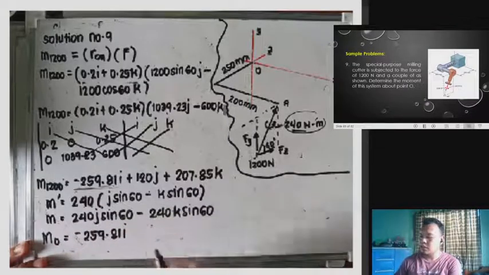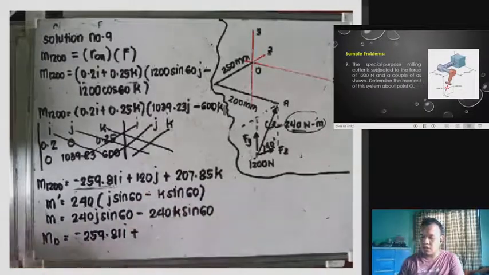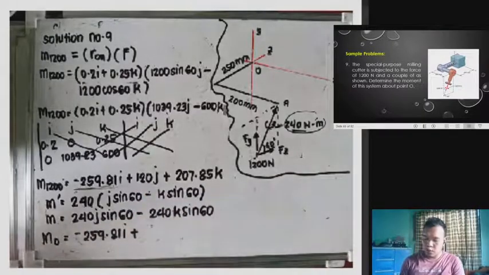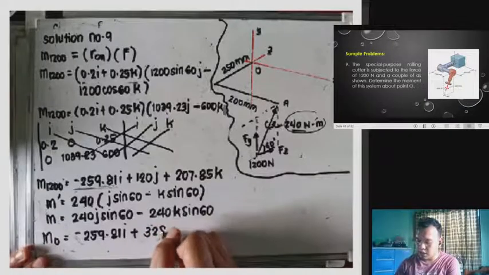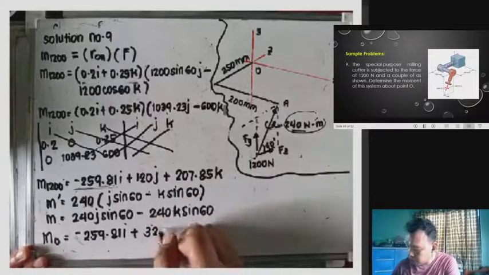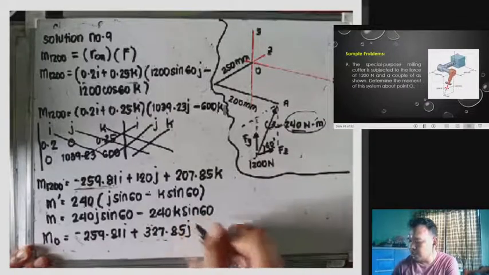Plus, yung 120j plus nitong 240 sine 60, equivalent yan kay 327.85j.